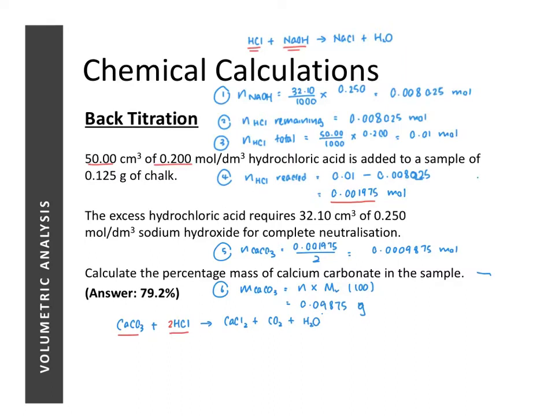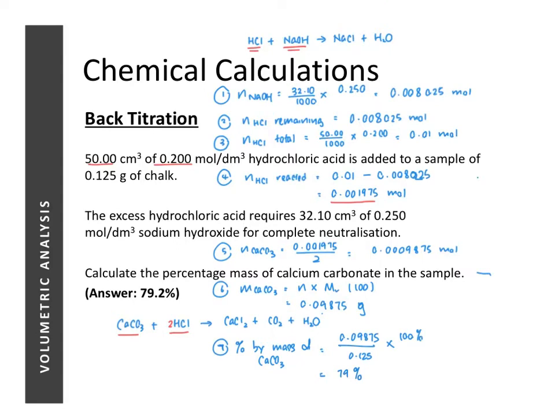Okay, and then last step is to find your percentage purity or percentage by mass. That would be the mass of pure, which is 0.09875, divided by the mass of impure, which is 0.125, times 100%. And that will give us a percentage of 79%.